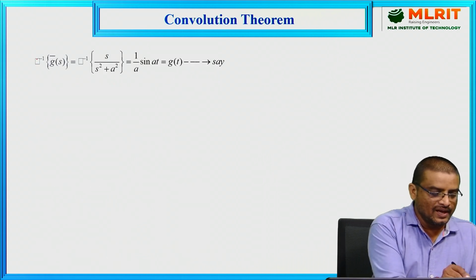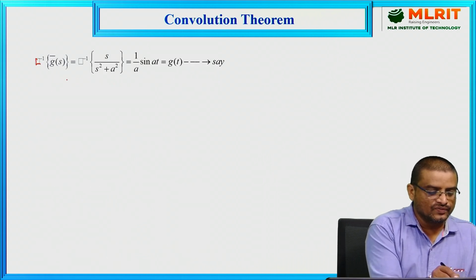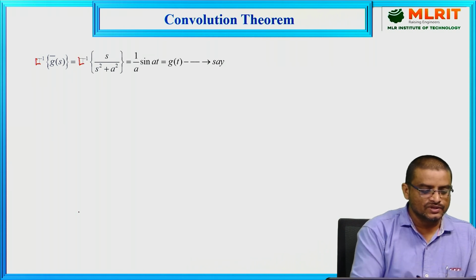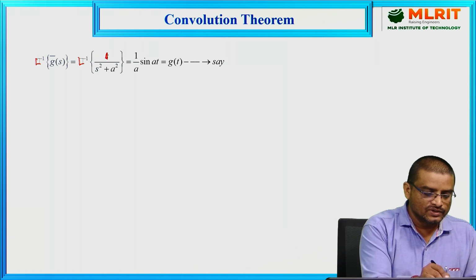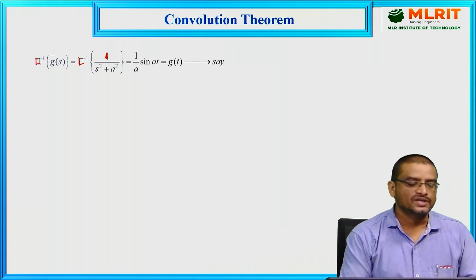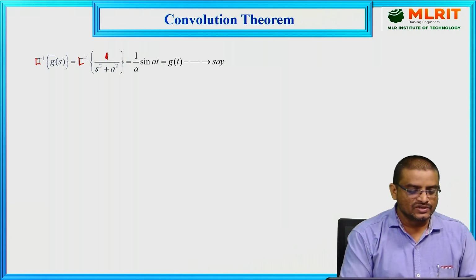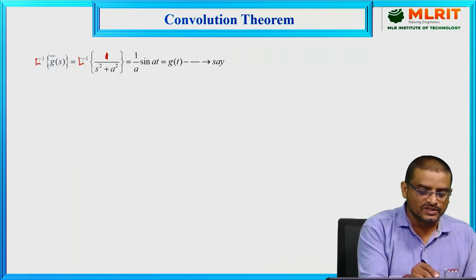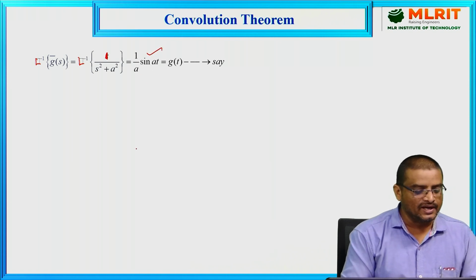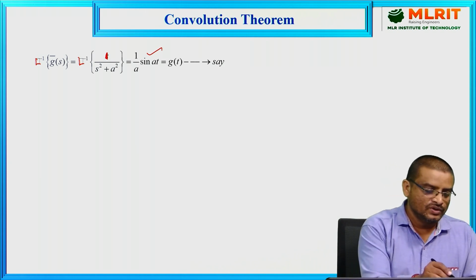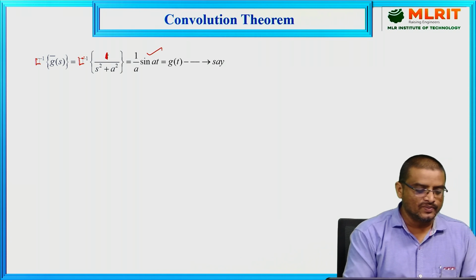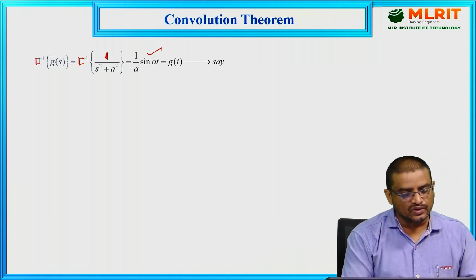So now L inverse of g bar of s is equal to L inverse of 1 by (s square plus a square). We can take it as 1 by a into sin at. This is also the standard formula in the inverse Laplace transform. So L inverse of 1 by (s square plus a square) is equal to 1 by a into sin at.